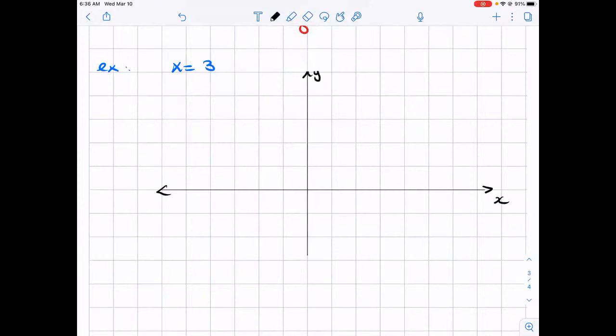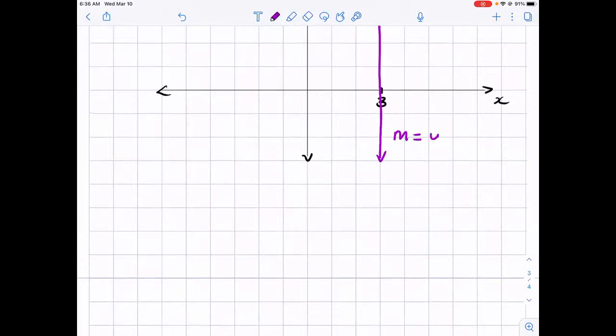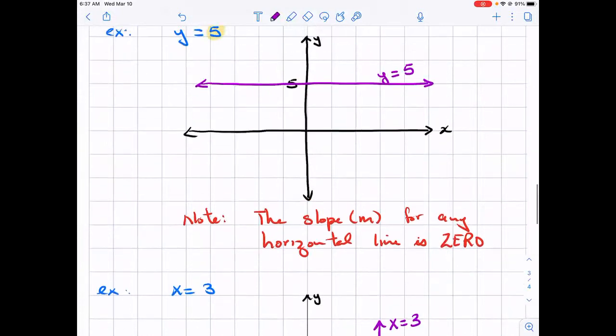Okay. So let's say here is the point 3. It will be a vertical line passing through that point 3. And this will be x equals 3. Now, the slope m here is undefined.